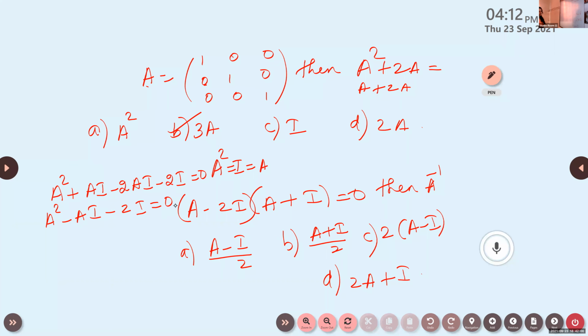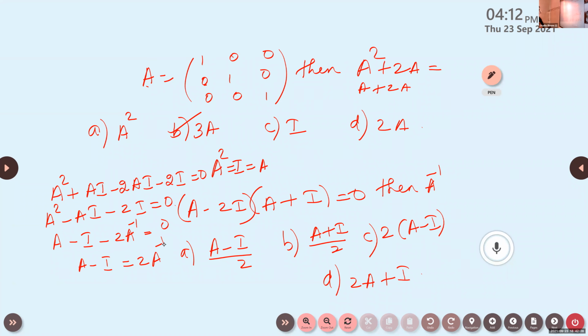We want to find A inverse. What you can do? Divide each term by A. So we get A minus I minus 2 into I by A, which will become A inverse. So you can write A minus I is 2A inverse. Therefore, A inverse is A minus I by 2.